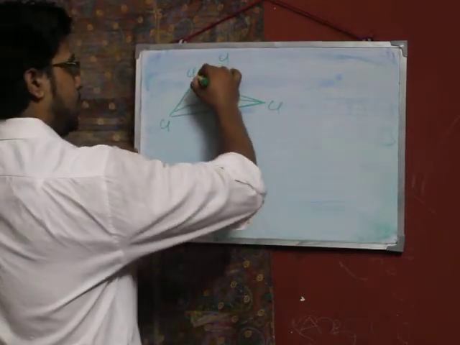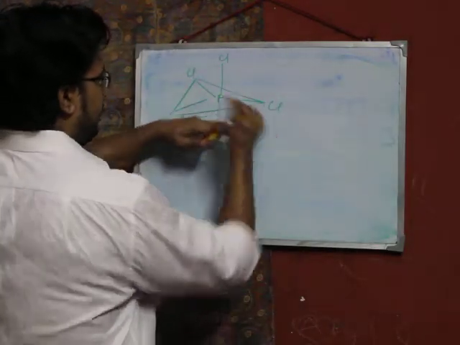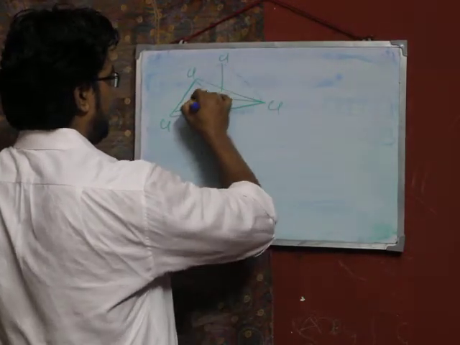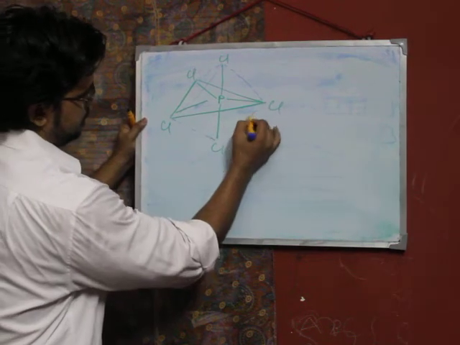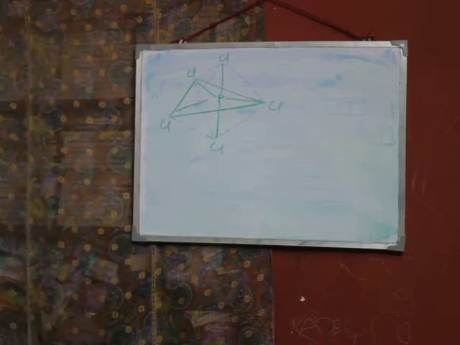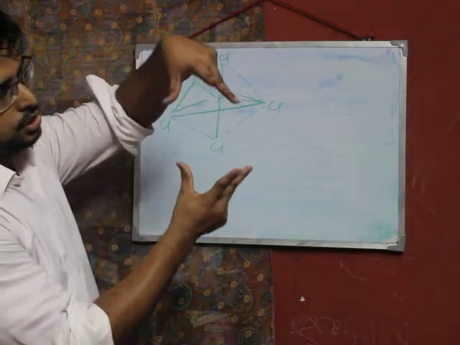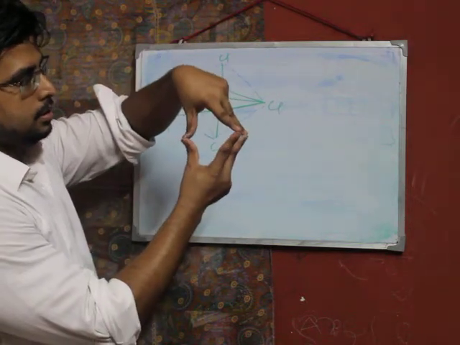If we join this, it is a triangle, and if we join this it becomes a pyramid. This is known as trigonal bipyramid, just like this. Triangle shape, and here is one pyramid and here is another pyramid.